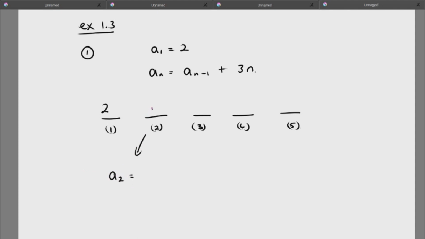That's its name. Its name is A2, right there. But I want to know what the number is, hiding behind it. The recursive formula says, well, in this case, n is 2 for the next little while, because I'm interested in finding position 2. Use the one before that, which would be A1, and add 3 times the position I'm in.